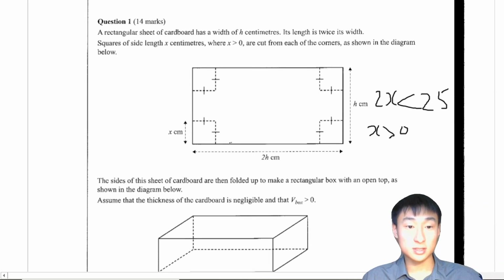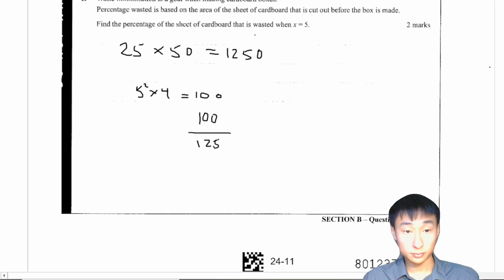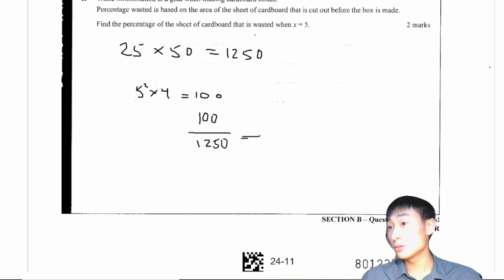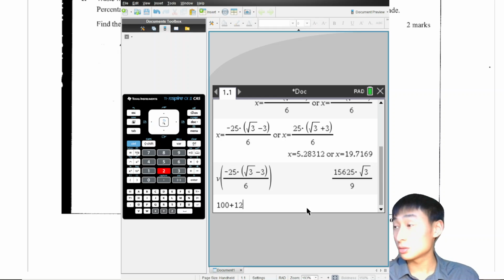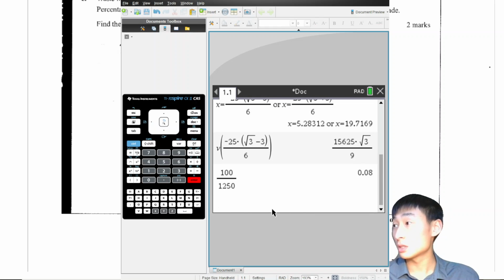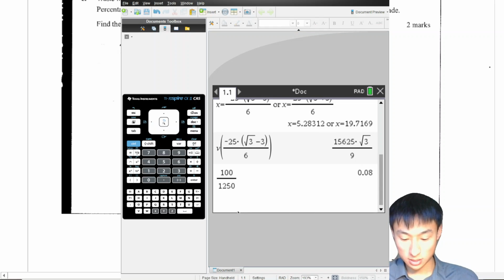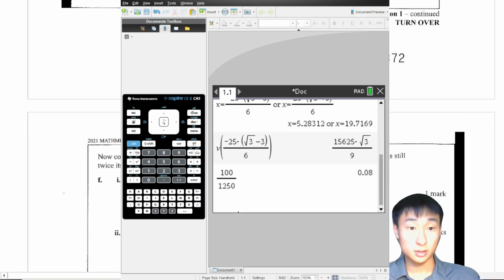And if x is 5, then you have 4 squares, so 5 squared times 4, that's 100. So 100 over 1250 is equal to 0.08, so that's 8%. There we go.